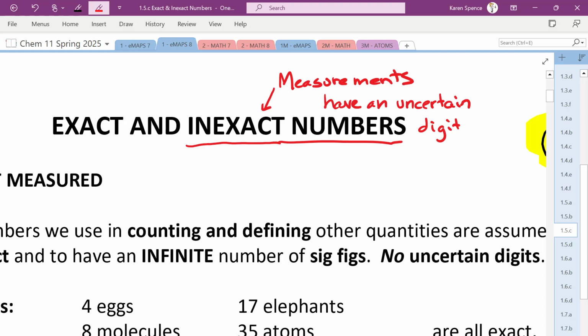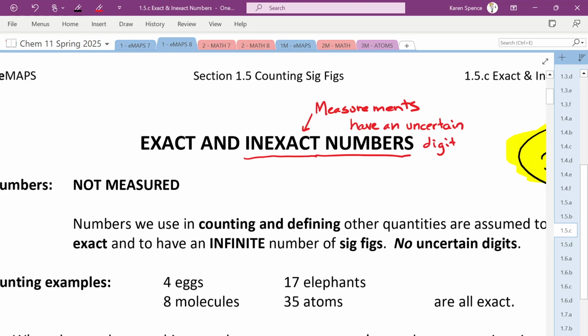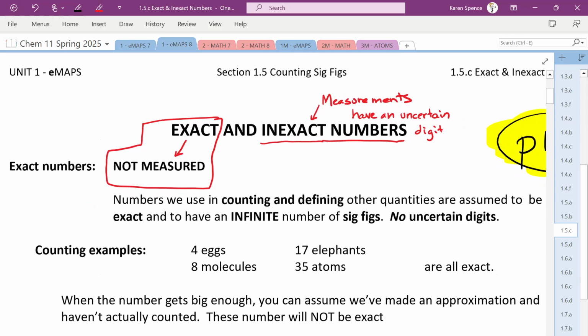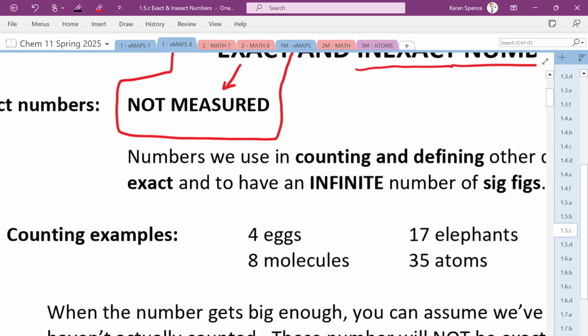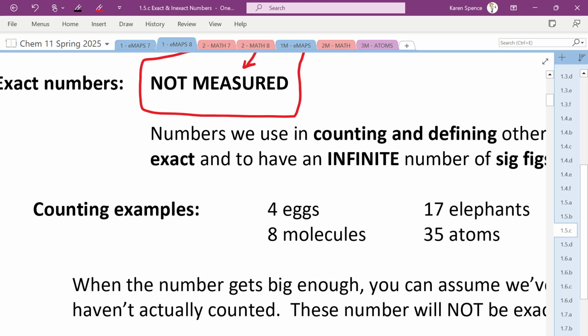Okay, so one way that we might have an exact number, something that is not measured, is we might count it. Okay, so if I counted 4 eggs, and I'm like 1, 2, 3, 4, am I like, there's approximately 4 eggs?